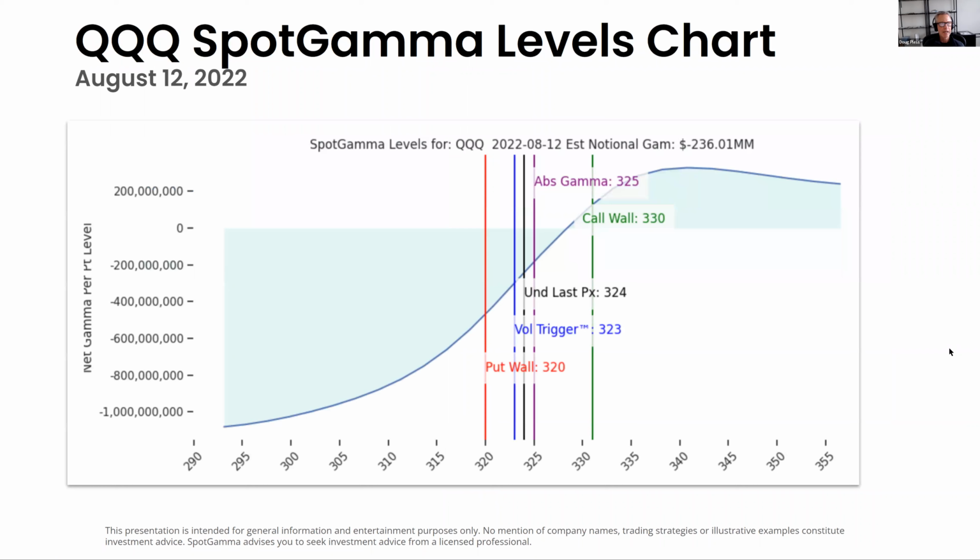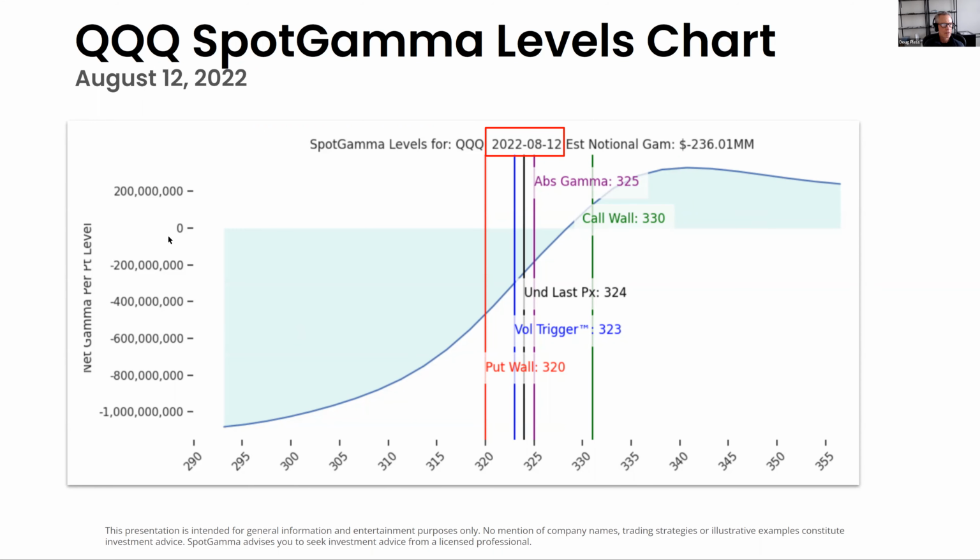And this shows where the data came from. And this is for the 12th, August 12th, the spot gamma levels charts.